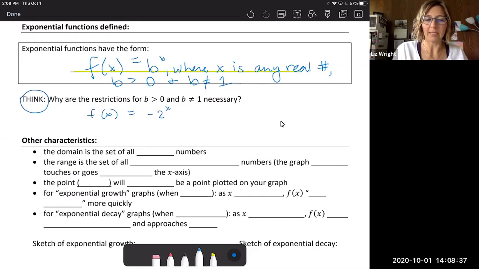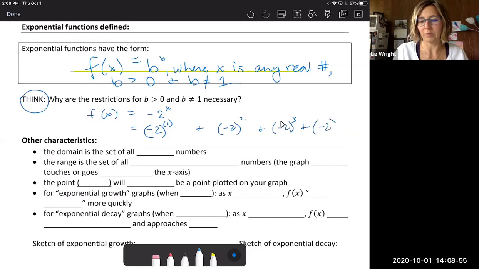So if b is less than 0, and we started plugging in values, 1, then -2 squared, -2 to the third and -2 to the fourth, what I'm hoping you're remembering is that here we would get -2, here we would get a +4, here we would get a -8, and here we would get a +16.